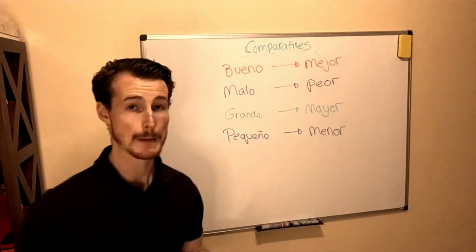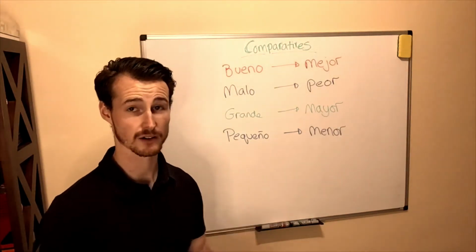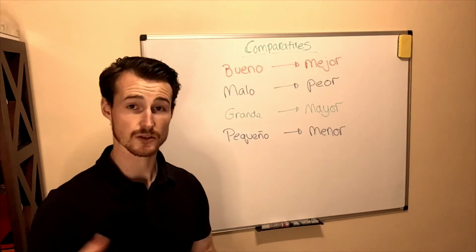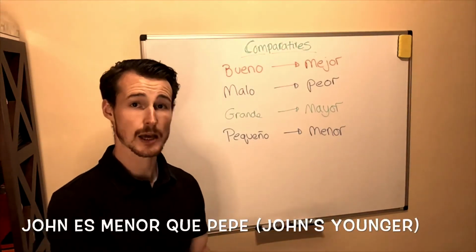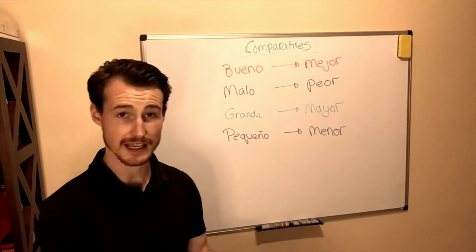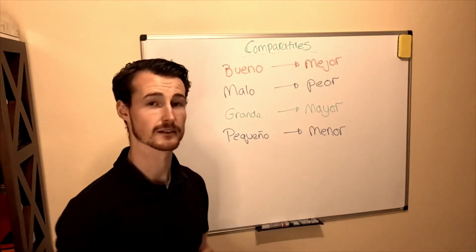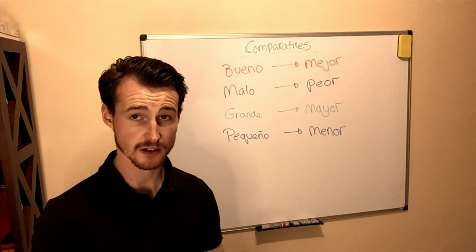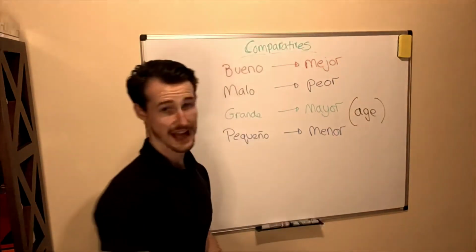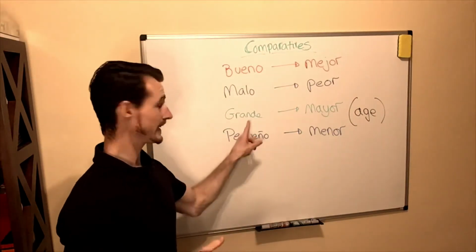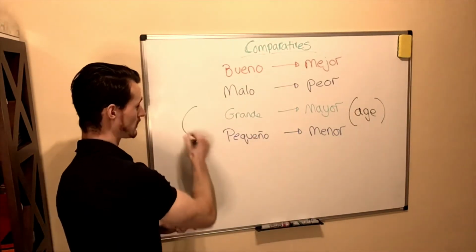Now the opposite, menor. Okay, menor. For example, John es menor que Pepe. John is younger than Pepe. So to sum up, mayor and menor are used to talk about age, whereas grande and pequeño are used to talk about size.